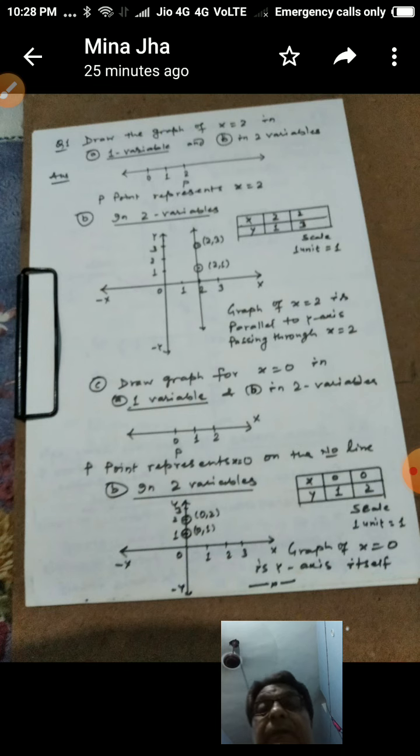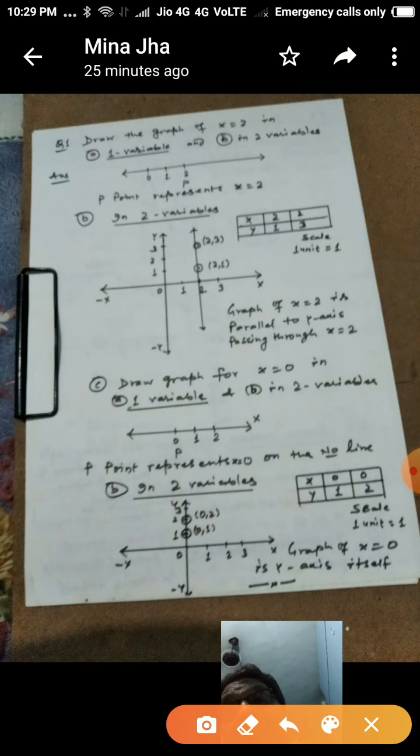That first question is, draw the graph of x equal to 2 in 2 situations, first in 1 variable and second in 2 variables. So here what is our equation? X equal to 2, and just remember what we have noted there, the key points, that when x is given any constant, graph will come parallel to y-axis.